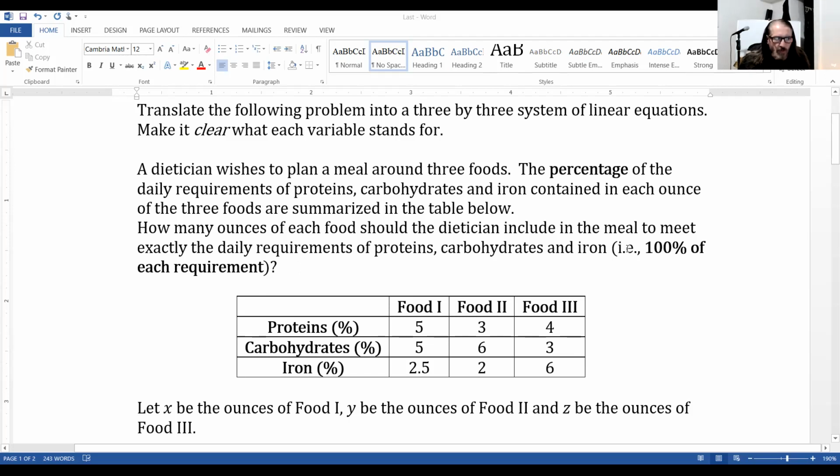So number one, notice that all of these entries here are already written as percents. Keep that.